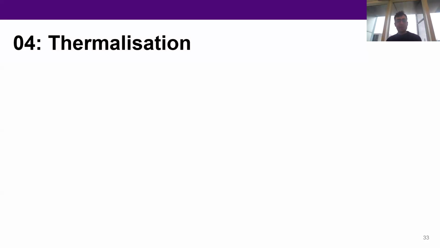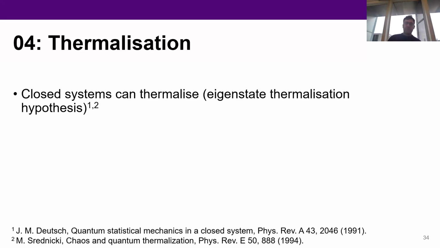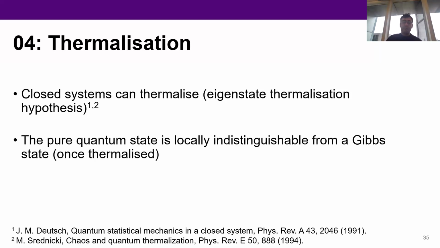This brings me on to my second point on this bit, which is thermalisation. So it's well known that closed systems can thermalize, and this is sometimes referred to as the eigenstate thermalization hypothesis. For the purpose of this talk, we're going to say a system that is thermalized is locally indistinguishable from a Gibbs state.